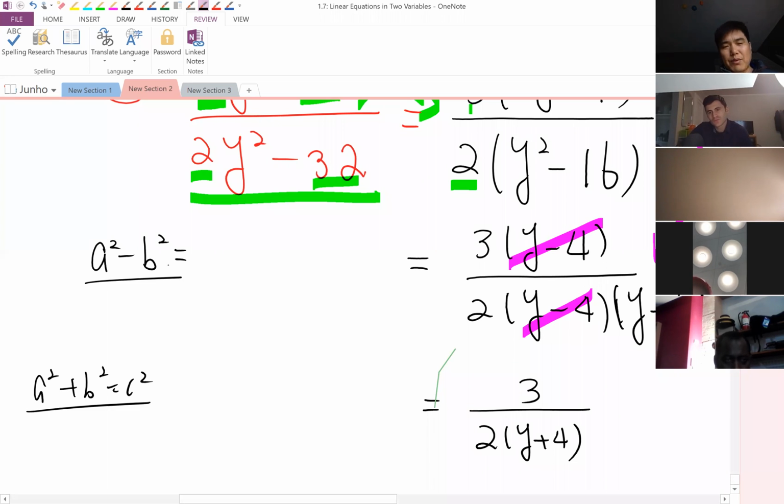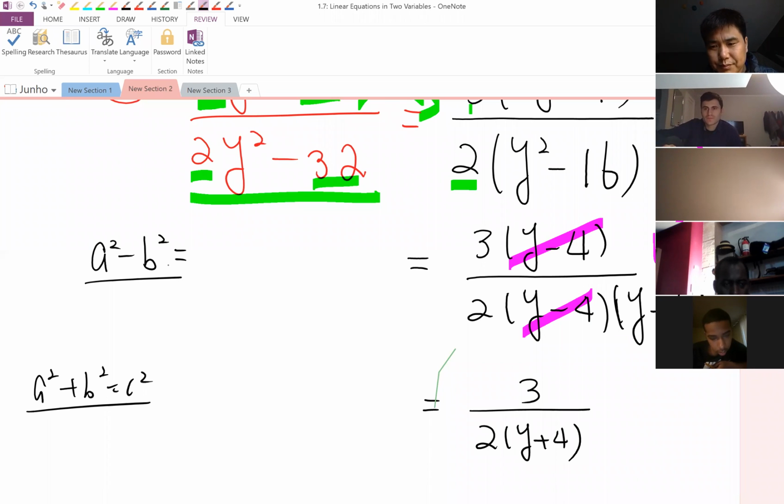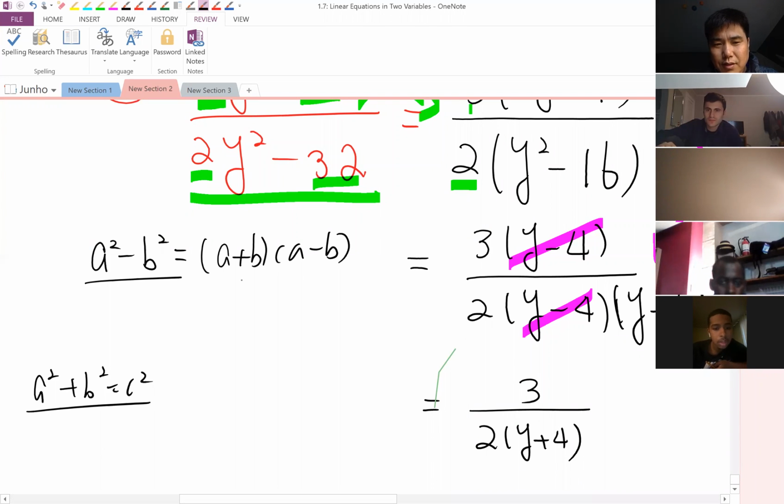Now the factoring method here: a squared minus b squared equals a plus b times a minus b. I emphasize this one, you will use it a lot, so you have to memorize it. You will prove that if you take calculus 2 or 3, but not this calculus. So please remember this property.